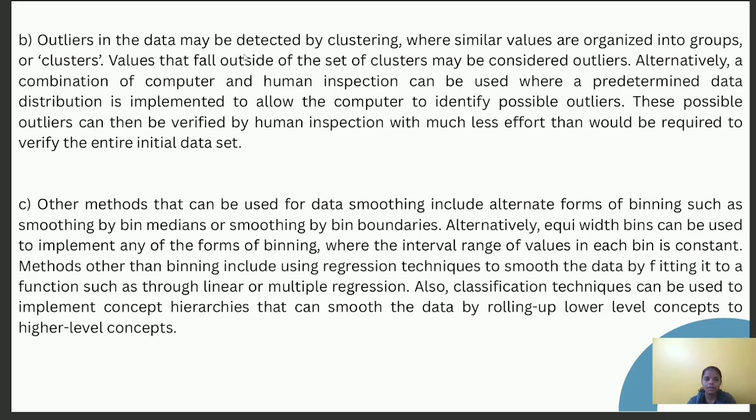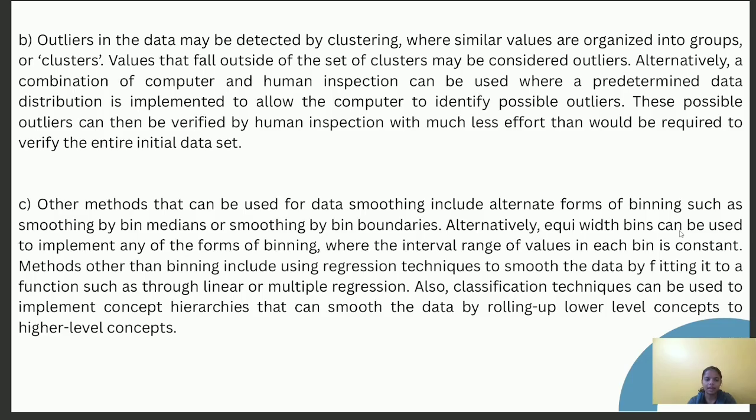Now, in the C part, other methods that can be used for data smoothing include the alternate forms of binning, such as smoothing by bin's median or smoothing by the bin's boundary. Alternatively, equi-width bins can be used to implement any form of binning, where the interval range of the values in each bin is constant.